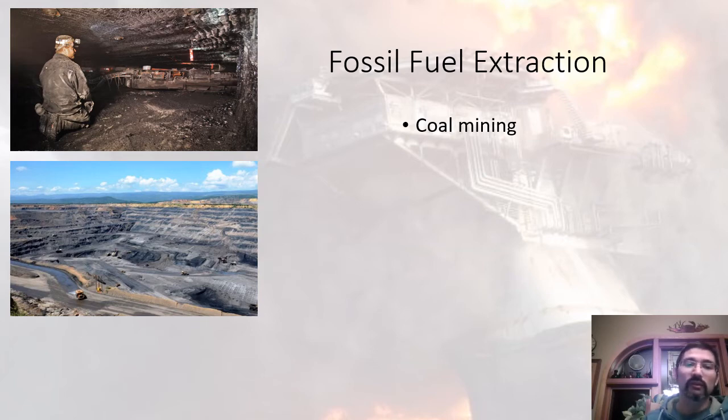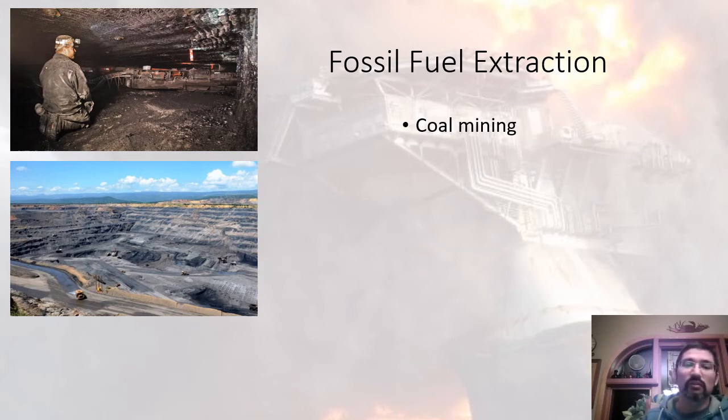It exposes all kinds of toxins and heavy metals to the environment. Also, it ends up creating gigantic sludge pools. Basically, I guess once you get all this coal dust, you get rain, and then you get sludge pools, which are extremely toxic.